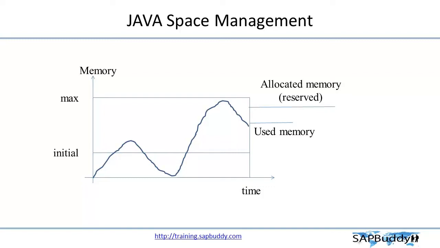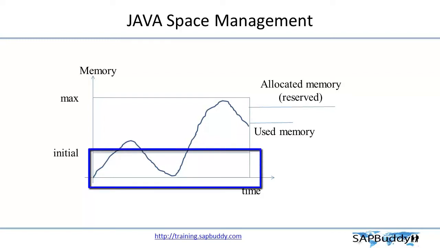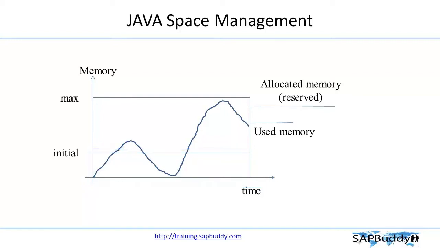We will consider the common behavior between the generations while reserving memory on this host. Basically, when you start up the virtual machine, the operating system allocates system memory for each generation. This initial allocation of memory is called the initial size, and this allocated memory is administered internally by the VM itself.